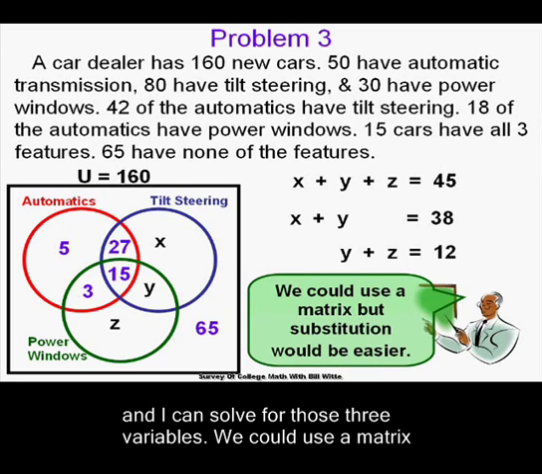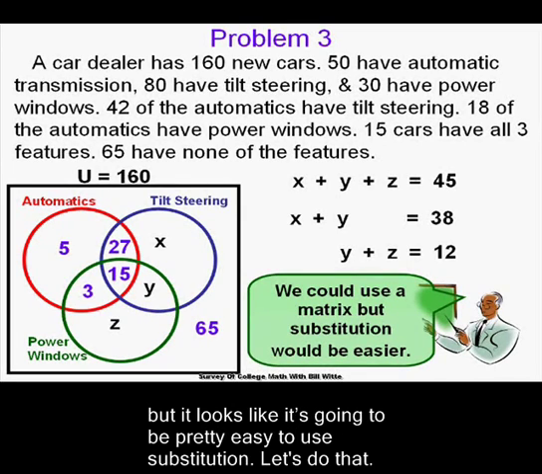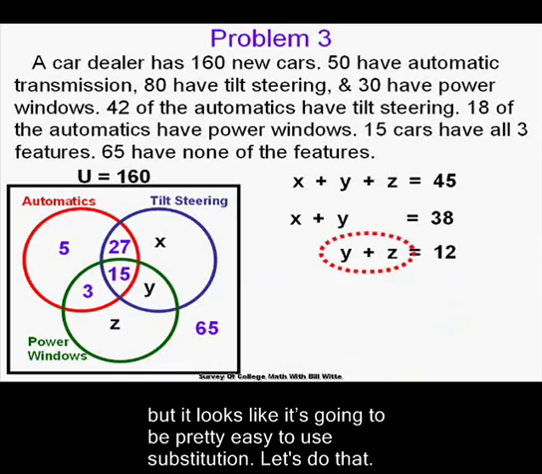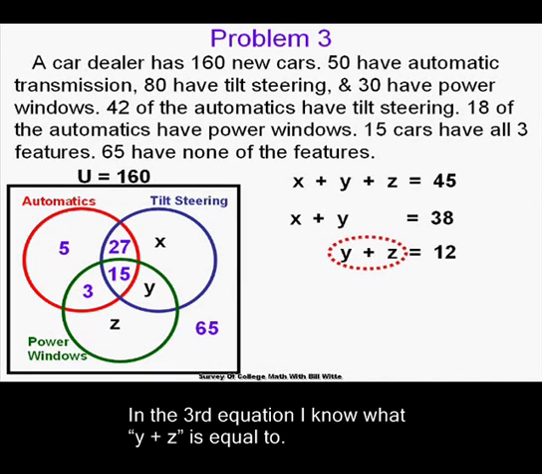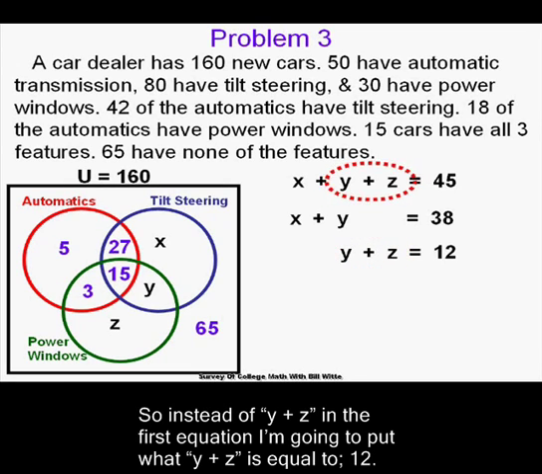We could use a matrix, but it looks like it's going to be pretty easy to use substitution. So let's do that. I know what y plus z is. So in the first equation, instead of y plus z, I'm going to put what y plus z is equal to. And what is y plus z equal to? 12.